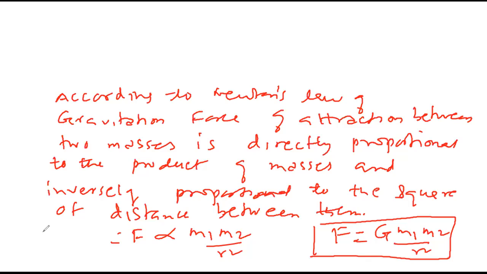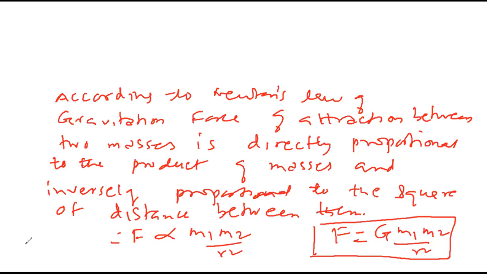So 9.8 meter per second square. No, no. 6.674 into 10 raised to minus 11. 6.67 into 10 raised to minus 11. The small g is 9.8, not capital.